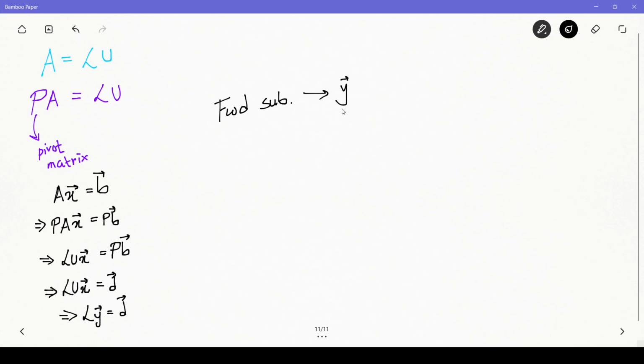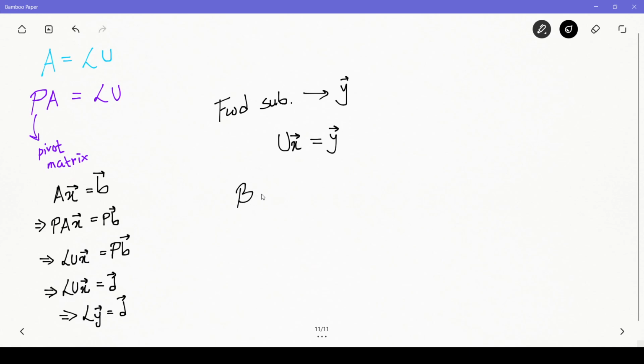After finding the vector y, we know that our upper triangular matrix multiplied with our x vector gives me my y vector, right? Now that we have solved for the y vector using forward substitution, we already know what that vector is. So now we can focus on finding our original unknown vector, the x vector, by performing backward substitution, right?